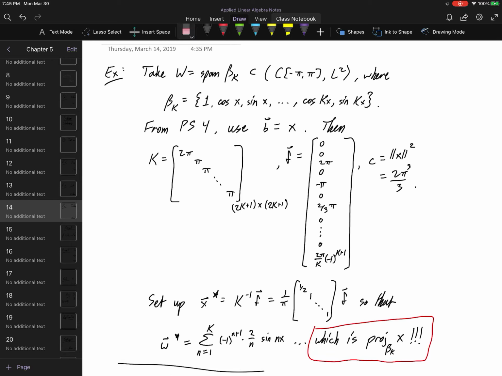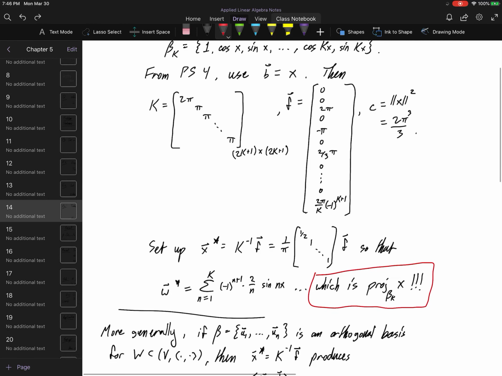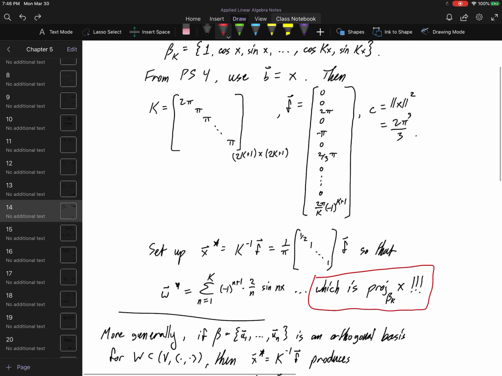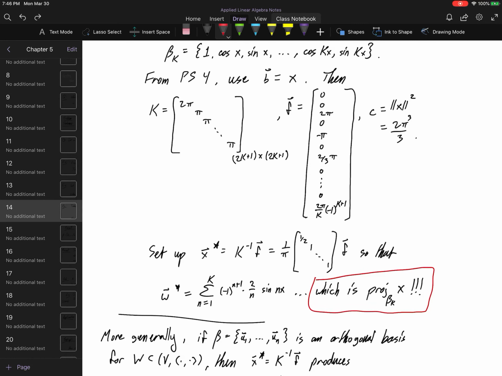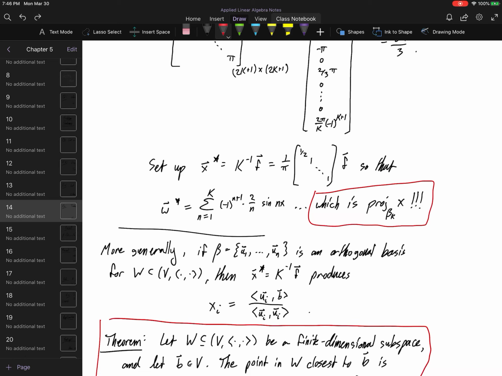So we've computed this one before. We know that will be 2 pi cubed over 3. Right? This is because we're doing this on the interval from minus pi to pi. That's why the pi shows up. Okay, we're good so far, I think. So we have the same minimization principle set up. And once we have that set up, the weights that associate with our basis, these x star weights, are going to be given as this multiplication K inverse, which again is easy to compute with a diagonal matrix.